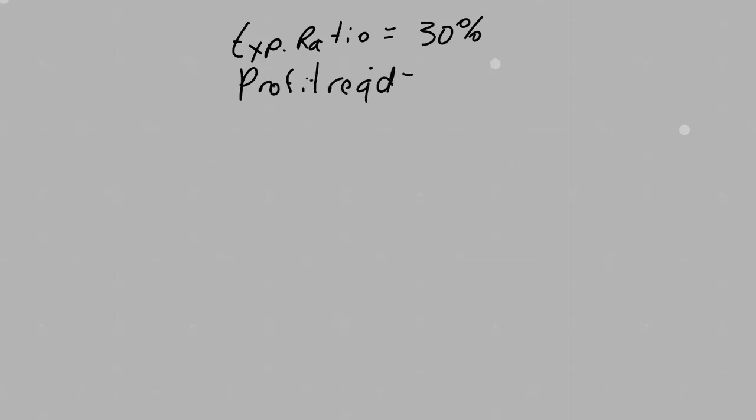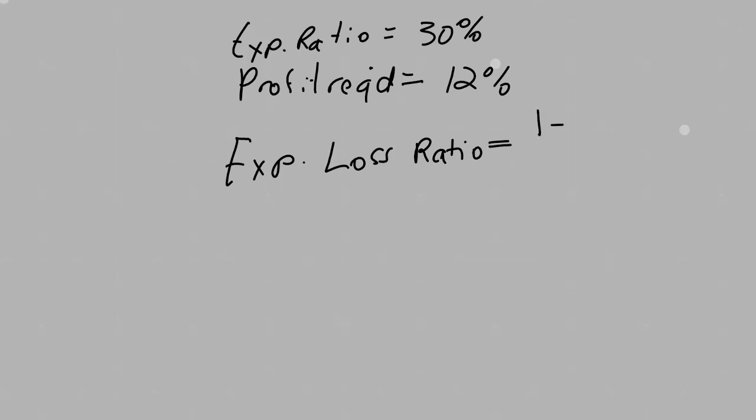So we'll assume the expense ratio equals 30% and the profit required equals 12%. So the expected loss ratio can be calculated as 1 minus 0.3 minus 0.12, the expense ratio minus the profit ratio, which equals 0.58.